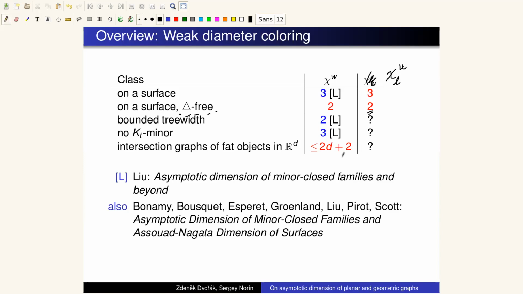And let me mention maybe one more result that I will get more into later in my talk. We also get a bound on the weak chromatic number of intersection graphs of fat objects in fixed d-dimensional space. By fat objects, you can, for example, imagine balls.